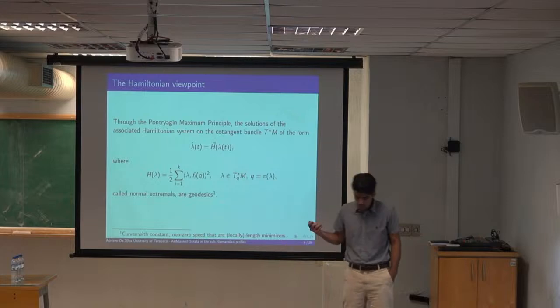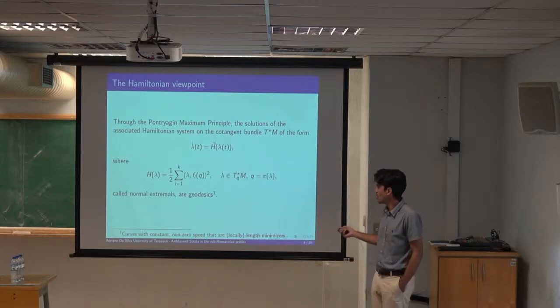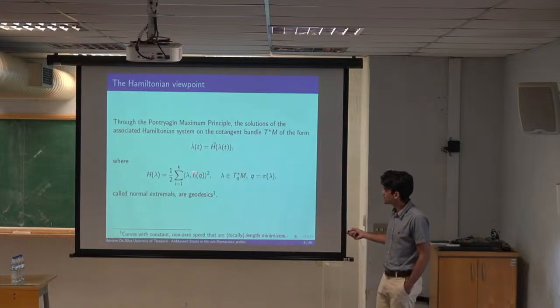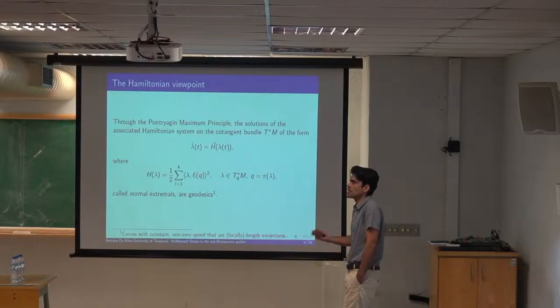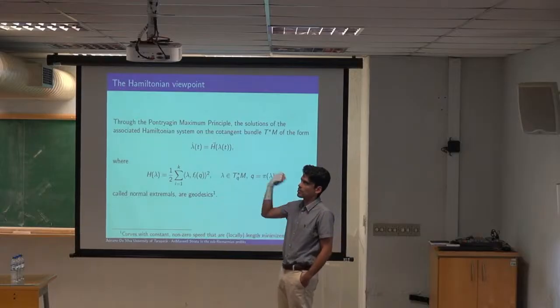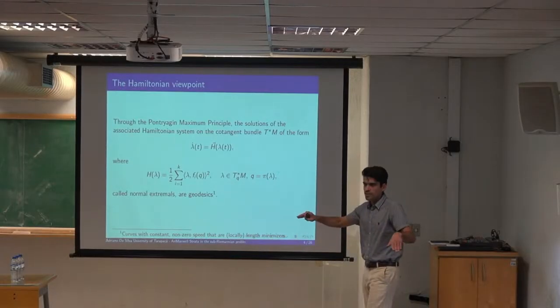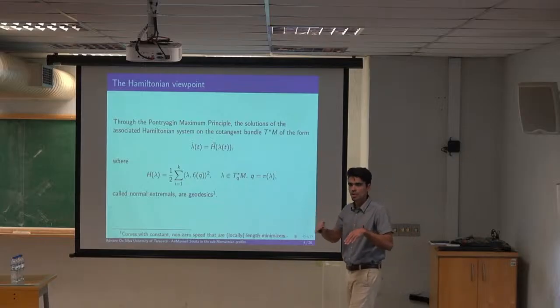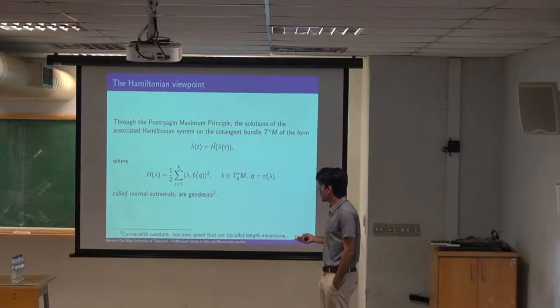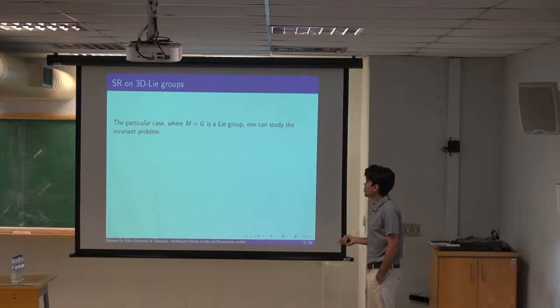In the abnormal case, all these components have to be zero, meaning that the covector associated with the abnormal extremal will be zero on the distribution. So the thing is much more complicated in this sense. But for our case, we are in the normal case.